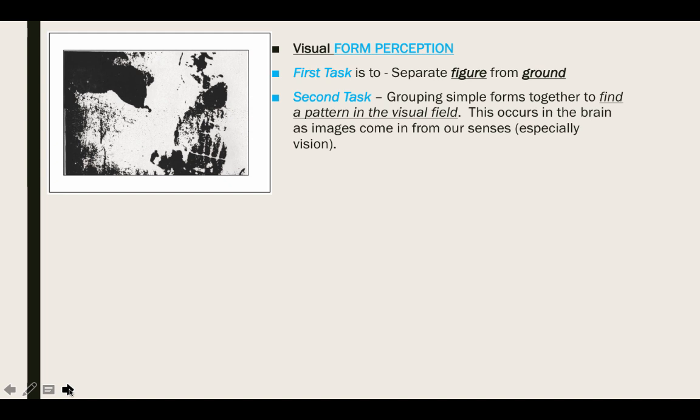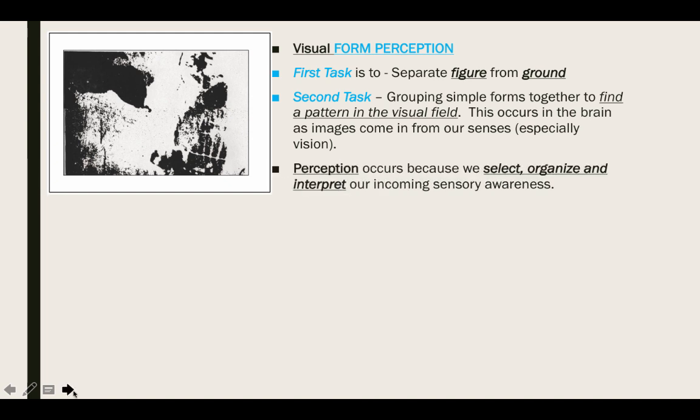The second task, after we pull a figure out, is grouping simple forms together. We have to find patterns in the visual field. This occurs in our brain, in our visual cortex, as images come from our senses, vision especially. The perception occurs, remember, when we're selecting information, and then we organize the form, and then we interpret it somehow meaningfully.